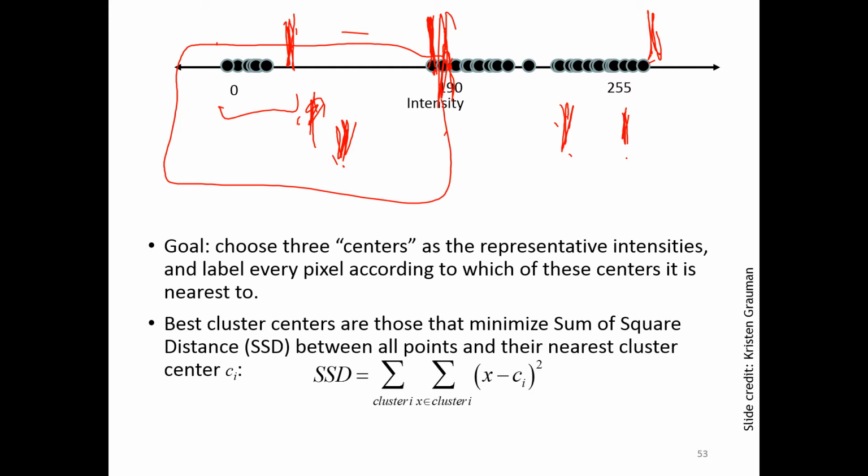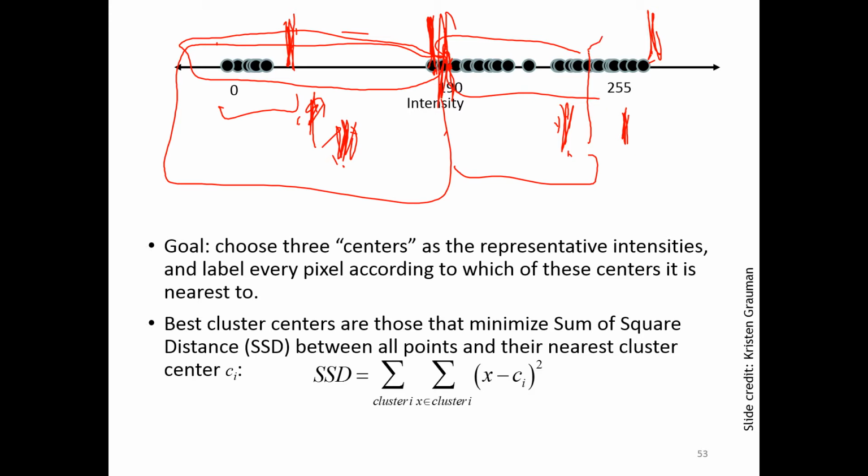So what I may do is, first of all, with these three cluster centers, I can now determine which are the members inside the clusters. As you can see, these points are in this cluster, these are in this cluster, and these are in this cluster here.